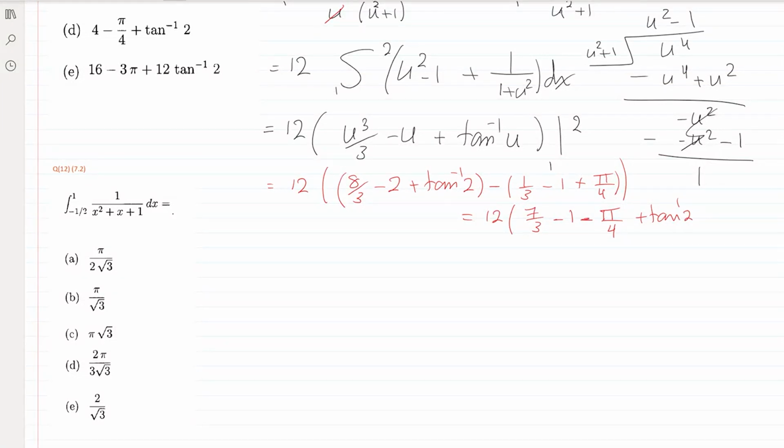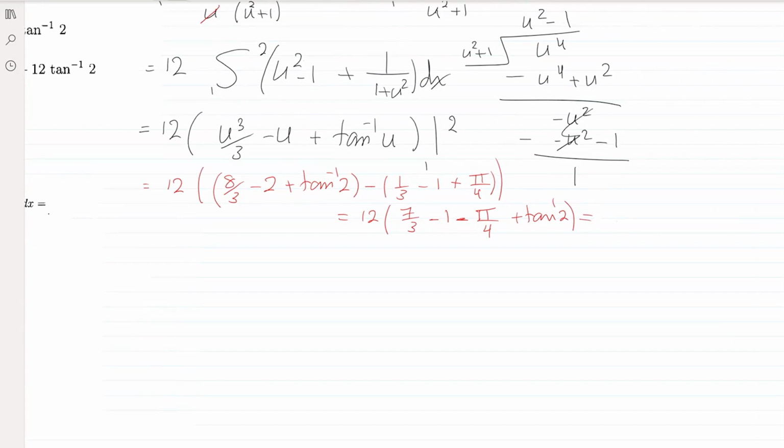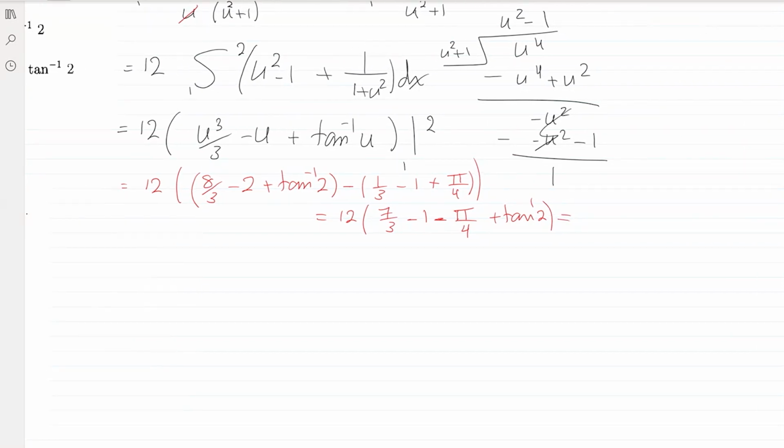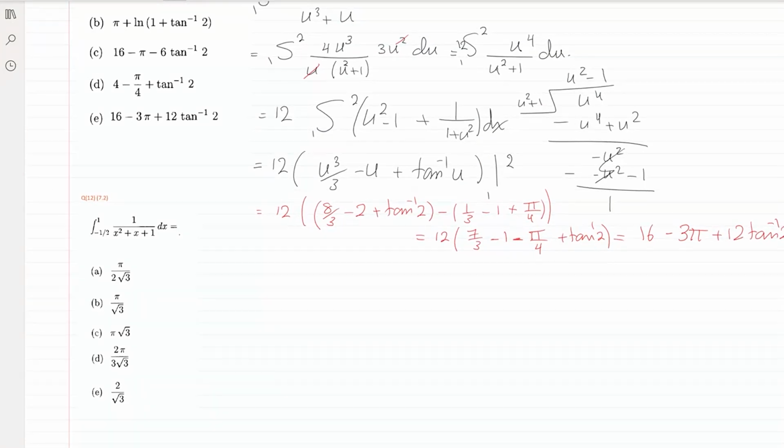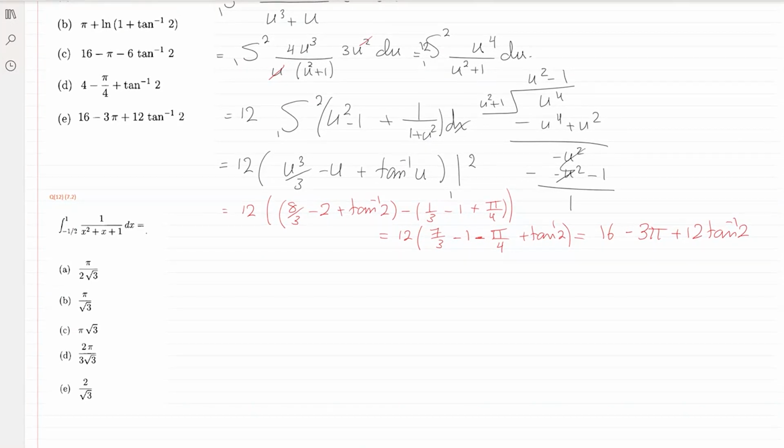If you multiply 12 by all sides, you will get 12 times 7 over 3, which is 28, minus 12, so 16, minus pi over 4 times 12, which is 3 pi, plus 12 tan inverse of 2. Do we have choices like this one? It's E, right? Doctor, it is E. Yes.